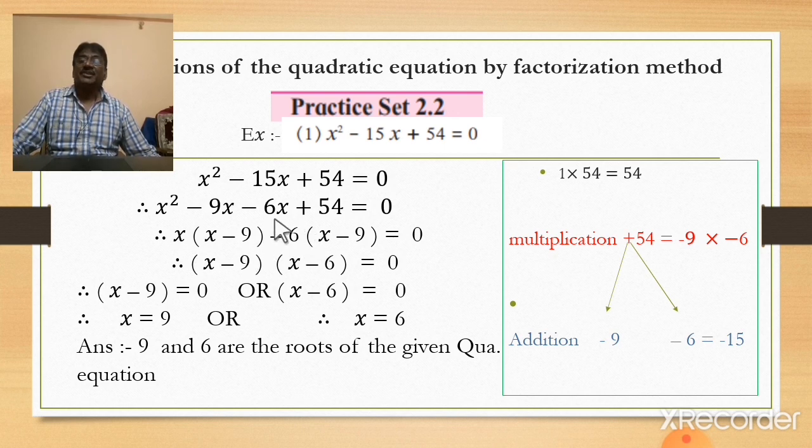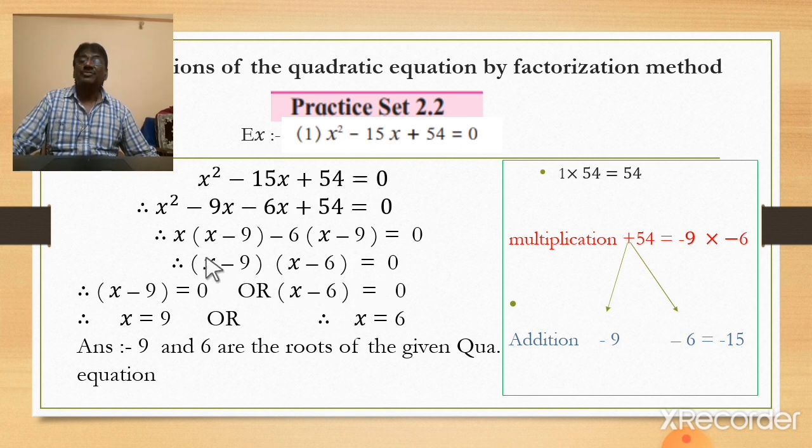And in the second pair, you take 6 as common, then you get minus 6 in bracket x minus 9 is equal to 0.